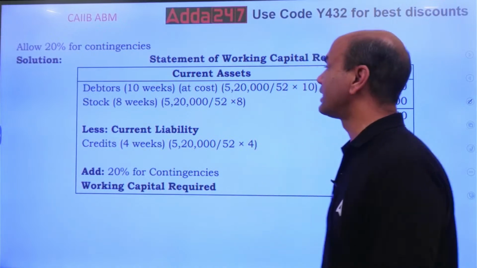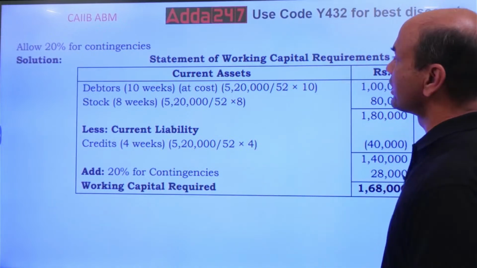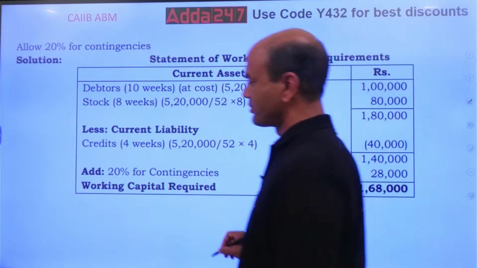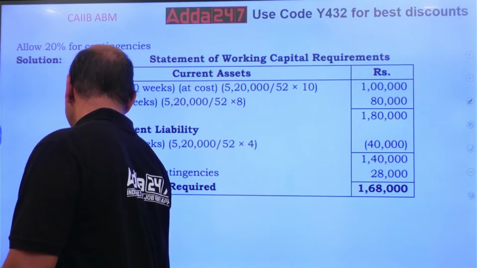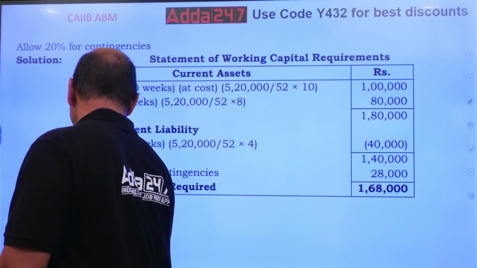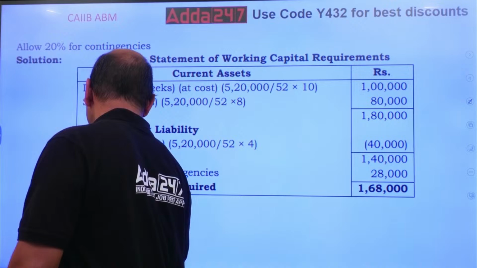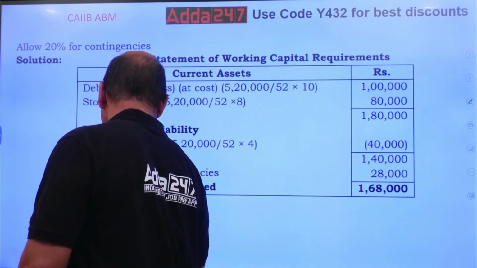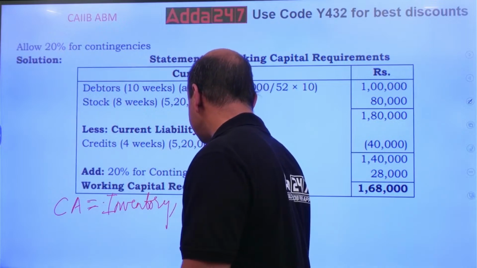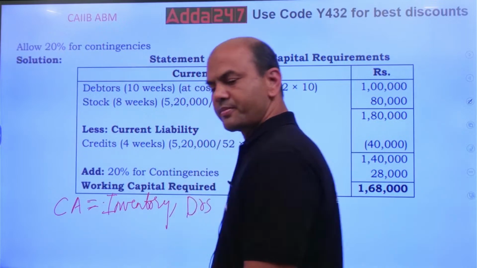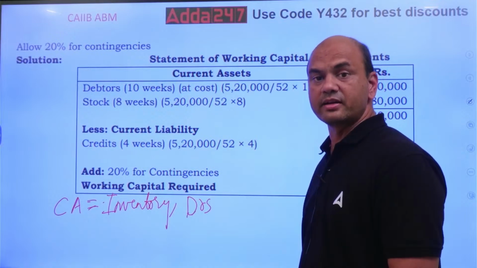What is there in current assets? Kindly note. Current assets of any firm are inventory. Inventory is also called stock. Then you have debtors.